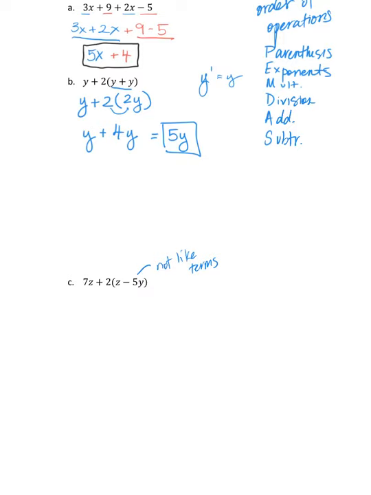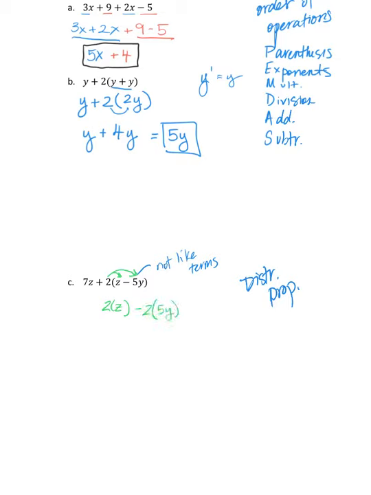Multiplication. So when you think multiplication, you should also think distributive property, because that involves multiplying. So I see that right here. I'm going to do that in my green. I have 2 times z and 2 times negative 5y that I can do. So that would give me 2z, and then I have minus 2 times 5y.